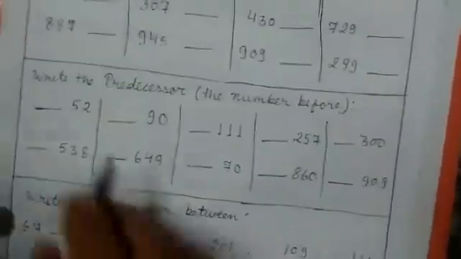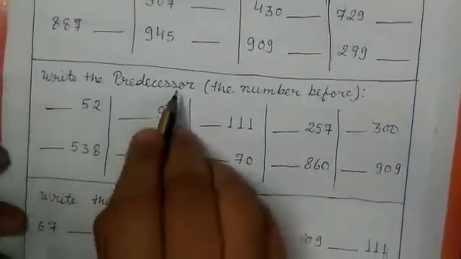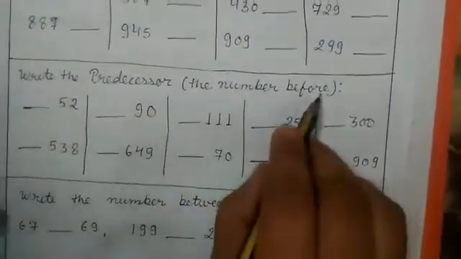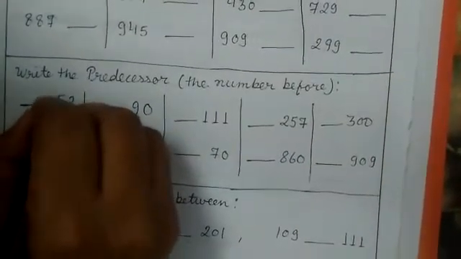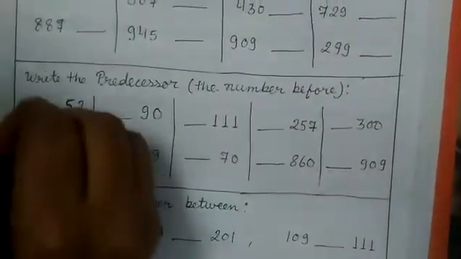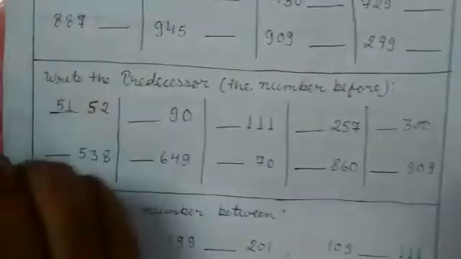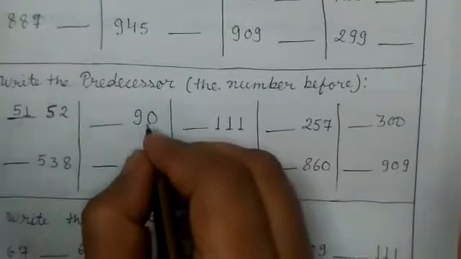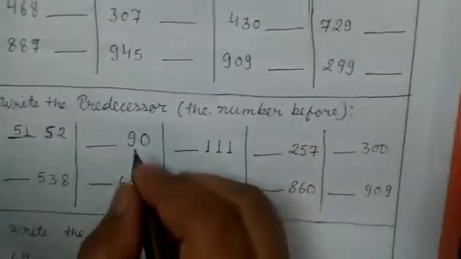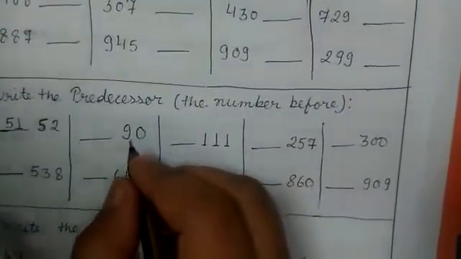Okay. Now write the predecessor, the number just before. 52. What comes before 52? It means 51. Always remember, after or predecessor.